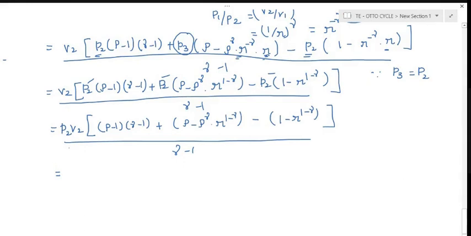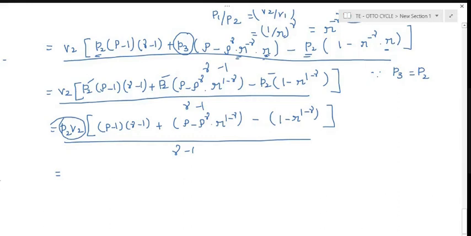So next, another simplification you need to follow here. Instead of P2 and V2, you can use some other relation.